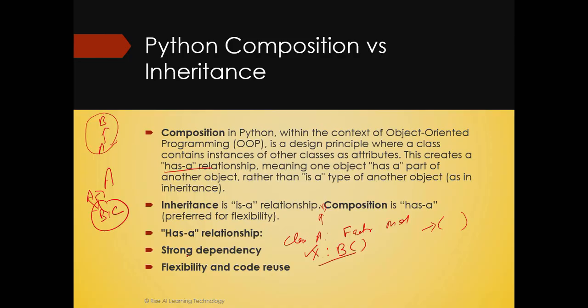It means I am composing it. In the example I took here also, this A class is composing B, using the attributes by creating the instance of the other class.